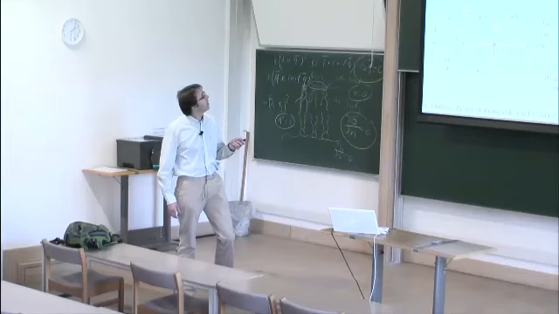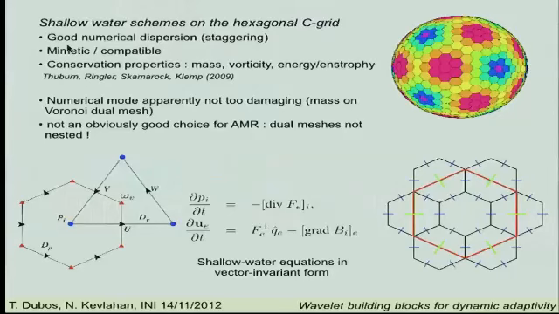So we'll target the shallow water equations and some specific scheme, which is a C-grid hexagonal grid scheme with this kind of grid as a target. So this is a good choice from a certain point of view. It has good numerical dispersion, so that's due to staggering.